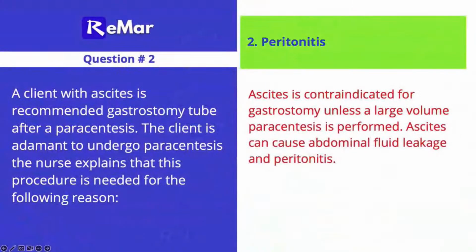Okay, so just in general here, one of the challenges is reading what the point of this question is. The point is very much about the actual paracentesis and not about the gastrostomy tube. The client has ascites, and the recommended gastrostomy tube will come after the paracentesis.